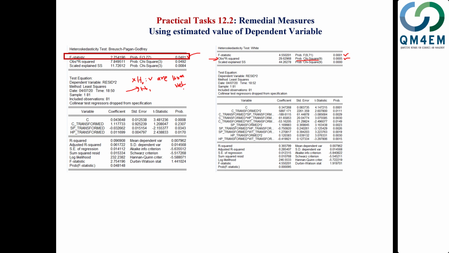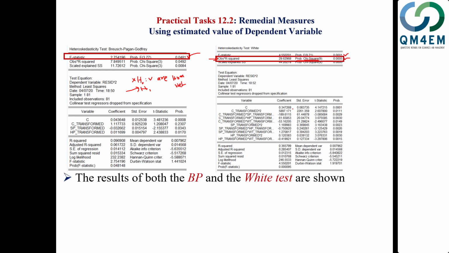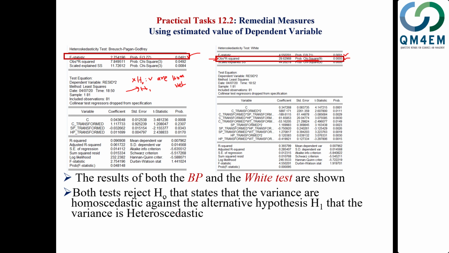So we reject H0 in favor of H1, and we say that the problem of heteroscedasticity is there. So, quickly the summary: in both cases H0 is rejected. The conclusion is that although we applied one of the transformation methods, the problem of heteroscedasticity is still there. The problem is not solved.